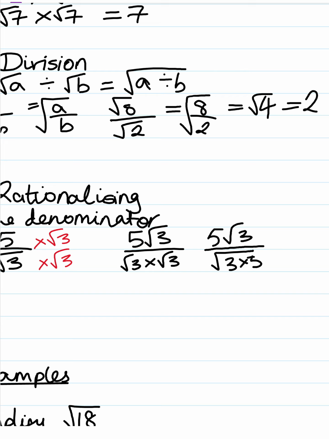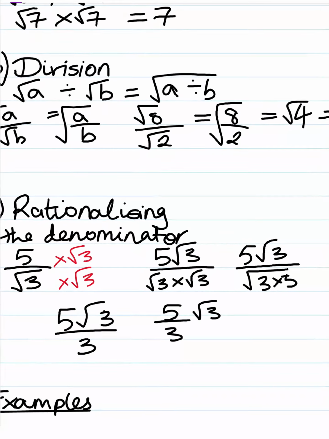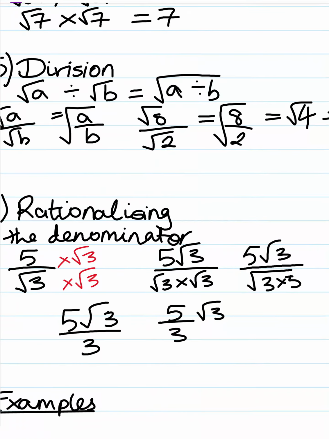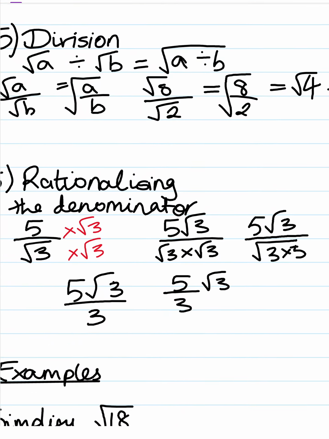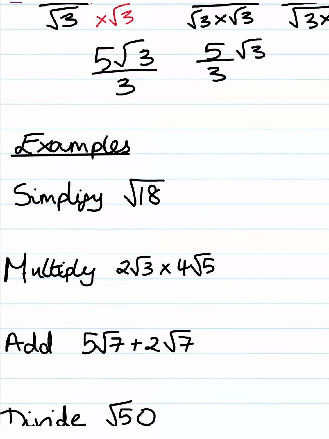So we get 5 times the square root of 3 divided by 3, which you could also write as 5 over 3 times the square root of 3, depending on what's easier to you. But notice we don't have a surd on the bottom anymore, which is what we're trying to do when rationalising the denominator.